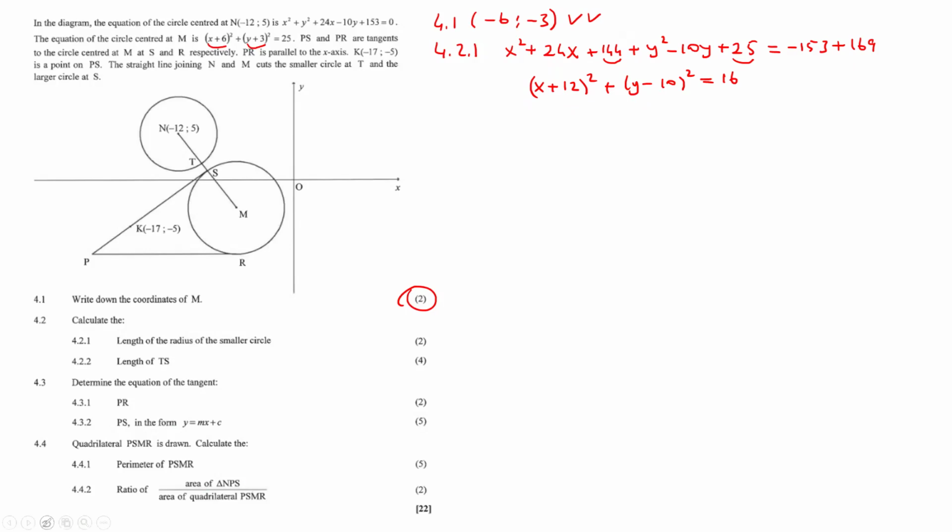That's not supposed to be 10, it's supposed to be 5, because the square root of 25 is 5. (x plus 12) squared is the multiplication of this trinomial here, and (y minus 5) squared is the multiplication of this. Then from this, r is equal to 4.